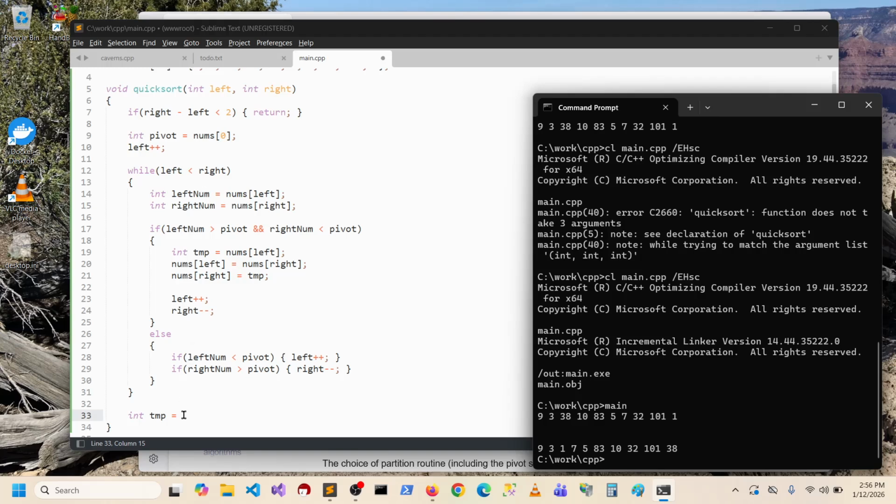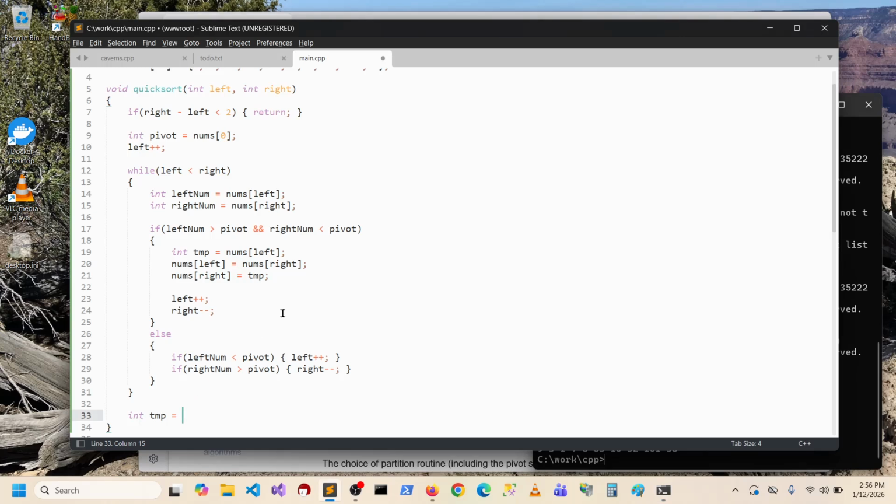So let's do it at, let's see, temp equals nums left minus 1. I don't know if that works in all cases. If we only have two numbers and it goes past each other, of course we could have a special routine for that.